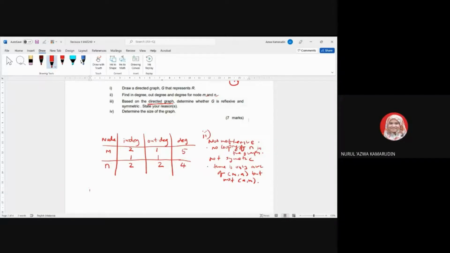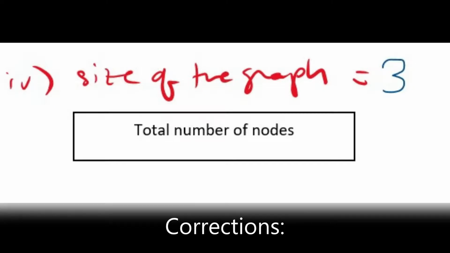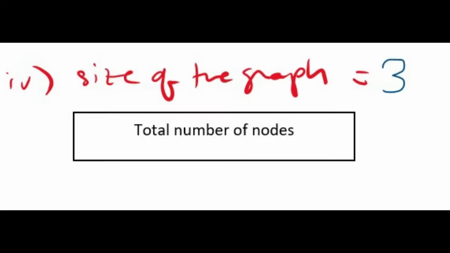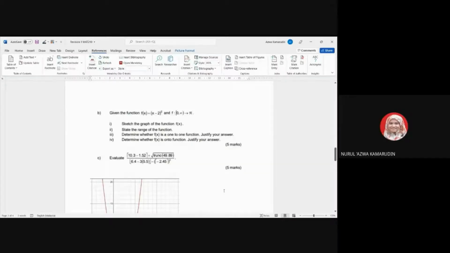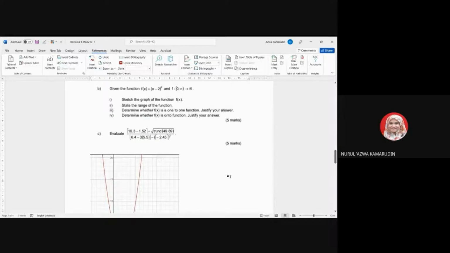Okay, number 4, to find the size of the graph is actually second last question. This one. Okay, given that this quadratic maps from dia punya domain dia kosong ke infinity, and this is the codomain.